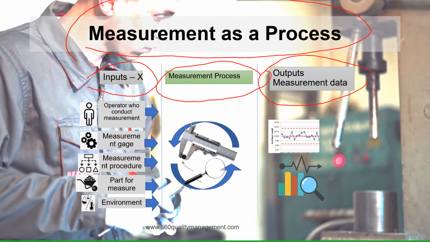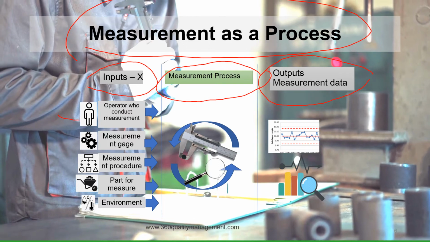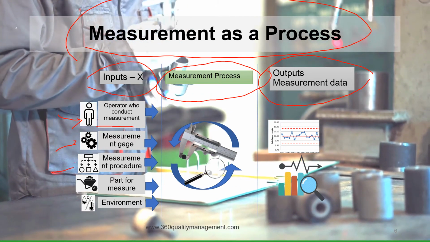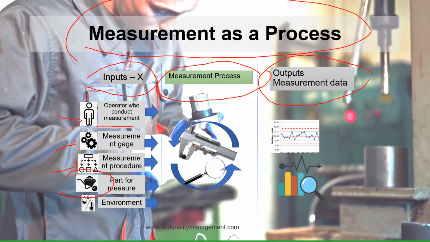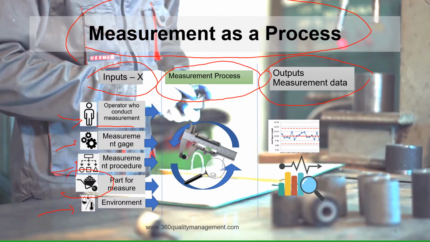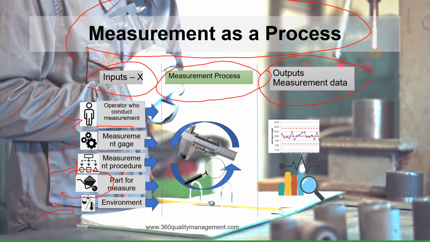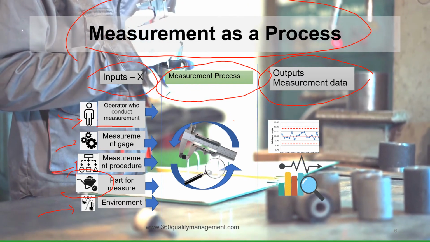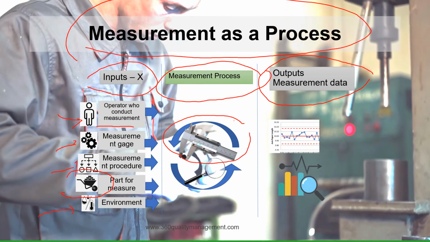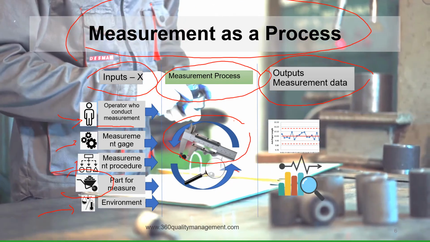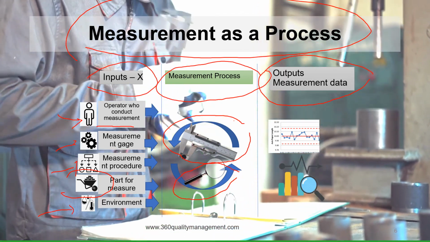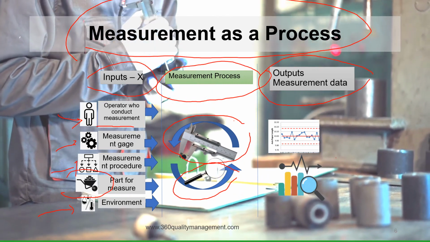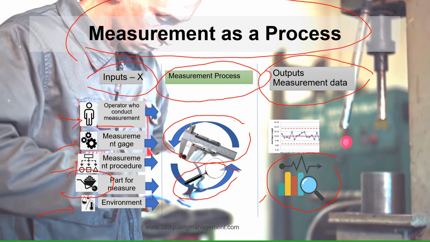The process inputs of a measurement process consist of an operator that conducts the measurements, the measurement gauge or the judgment, the measurement procedure itself, the parts or the samples to measure, and also the environment in which it is measured, such as the lighting condition, and the instruments used for measuring, which could be a measurement gauge or a judgment or the eye of the operator or even a magnifying glass, and also the measurement data itself, the data that's collected from the process.